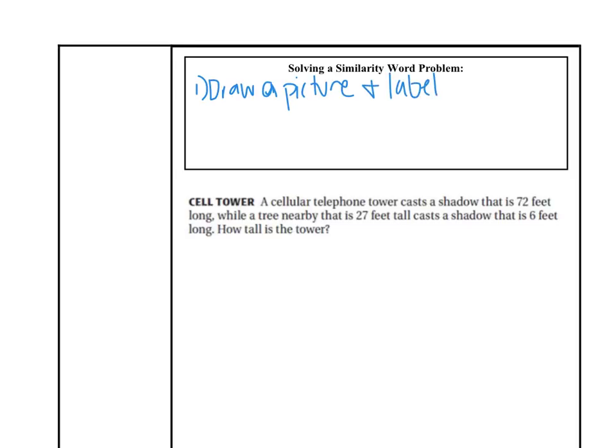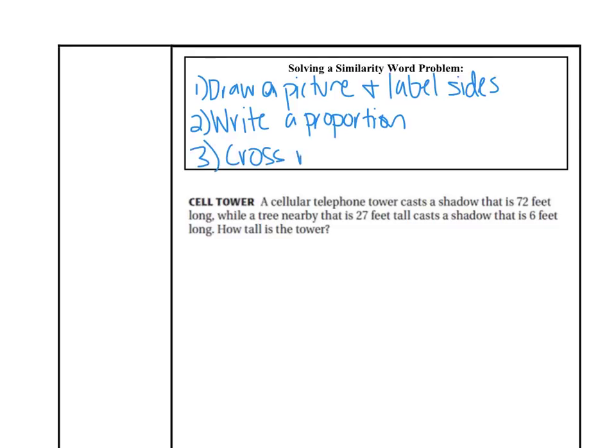So number 1, draw a picture and label sides. Our second thing we'll do after that, it's what we've been doing. We had to write a proportion, write our 2 fractions equal to each other, and then after we write our proportion, we have been cross multiplying to solve.